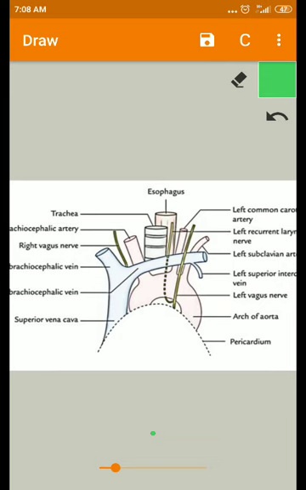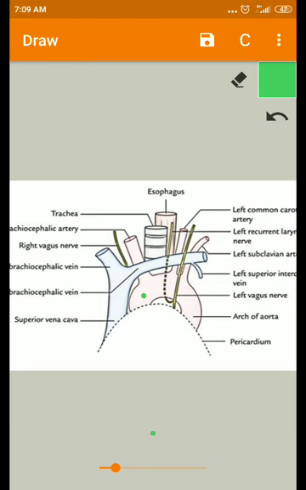Again we will see the structures: the esophagus, trachea, and arch of aorta and its branches, the brachiocephalic artery, left common carotid artery, left subclavian artery, and the upper half of the superior vena cava, with the right brachiocephalic and left brachiocephalic veins.